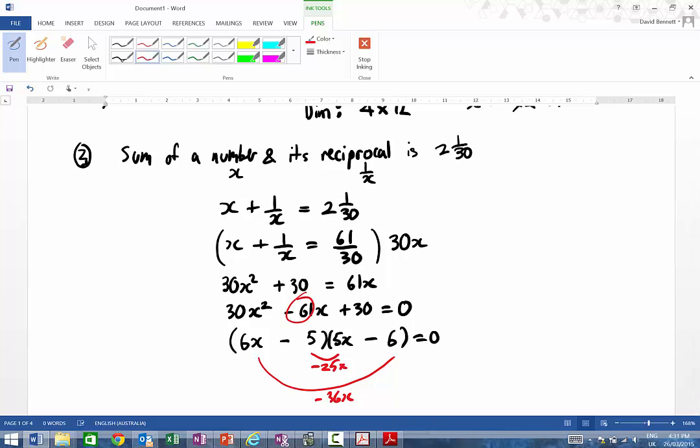Now going back to finding a particular answer, that means that the number that makes this 0 is x is equal to 5 on 6, or x could be equal to 6 on the 5. So if you have either of those numbers, that's going to give you that particular answer over there. So you've got two possible solutions. Obviously they're reciprocals of each other, so that makes sense in terms of what the answer might be.